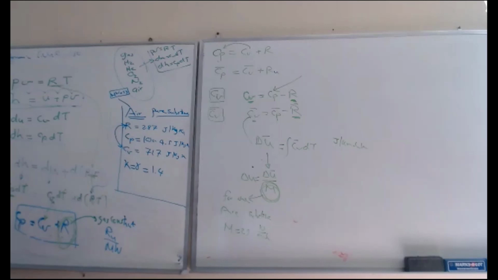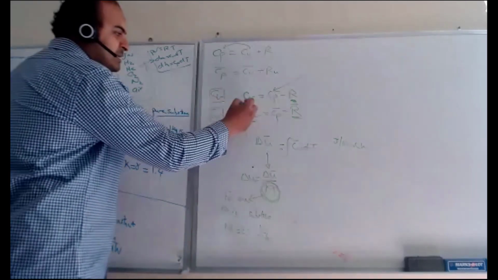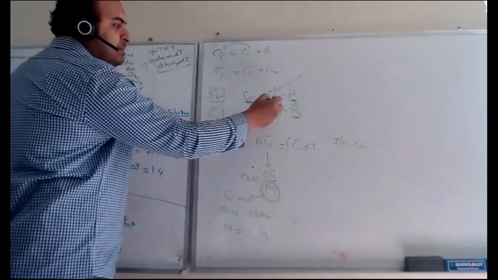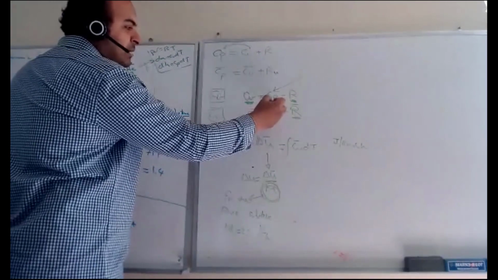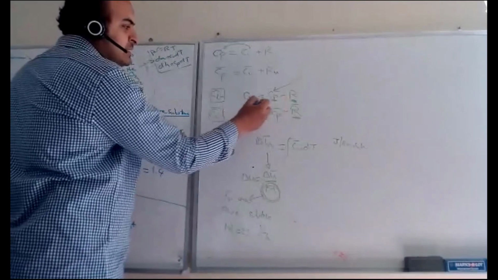Hello? Yeah, I just had a quick question. Yes, go ahead. Oh, so what's the bar again? Any bar means per kilomole. So Cv, for example, is heat capacity per kilogram per Kelvin. Cp is heat capacity per kilogram per Kelvin. This is at constant volume, this is at constant pressure.